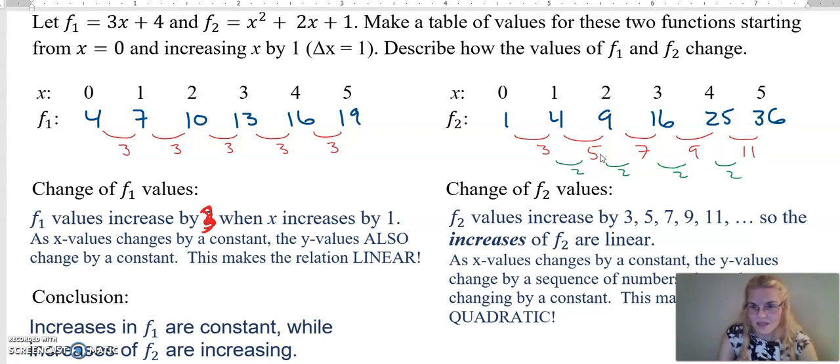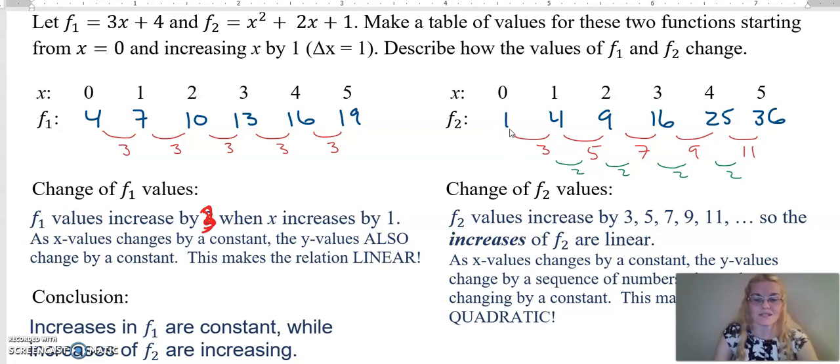In fact, the numbers that it is increasing by are themselves increasing by a constant number: 3, 5, 7, 9, 11. That is a linearly increasing sequence of numbers. So the increases of F2 are linear. F2 itself is not linear, but its increases are linear.